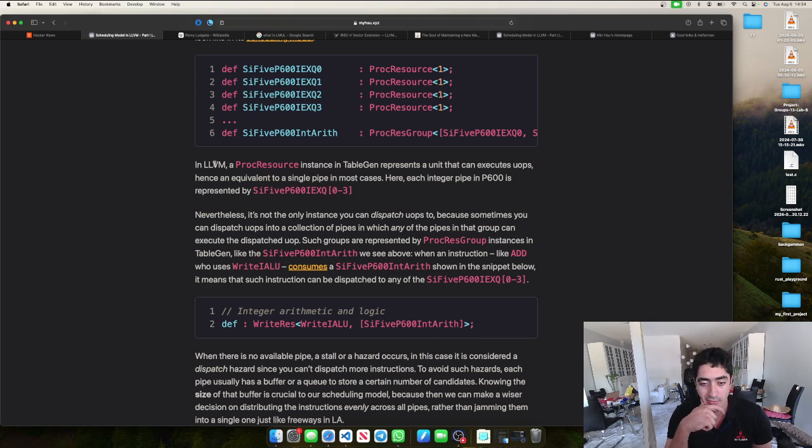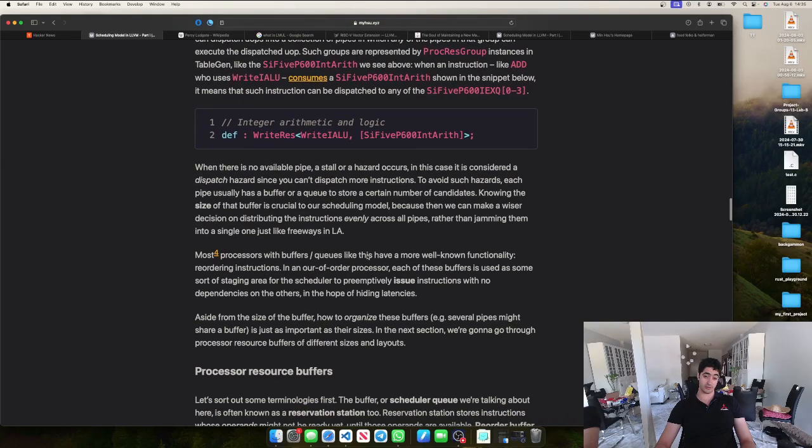Such groups are represented by ProcResGroup instances in TableGen, like the Sci5 P600 integer arithmetic we see above. When an instruction like add, which uses WriteIALU, write integer arithmetic logic unit, consumes a Sci5 P600 integer arithmetic shown in the snippet below, it means that such instruction can be dispatched to any of the Sci5 P600 IEXQ 0 to 3. Sure.